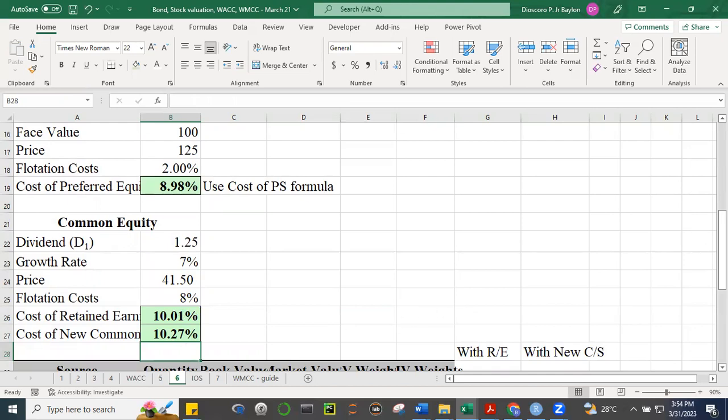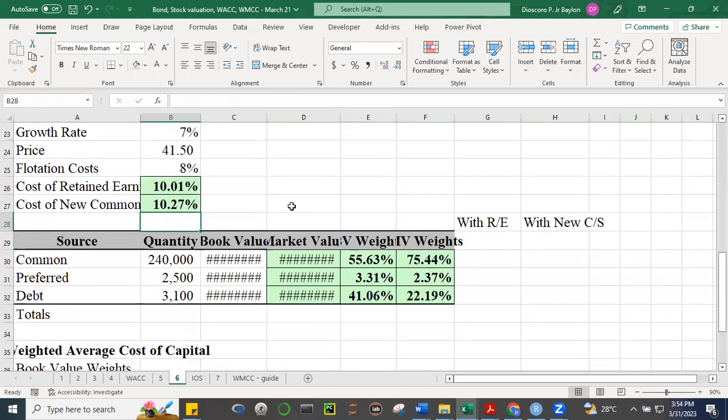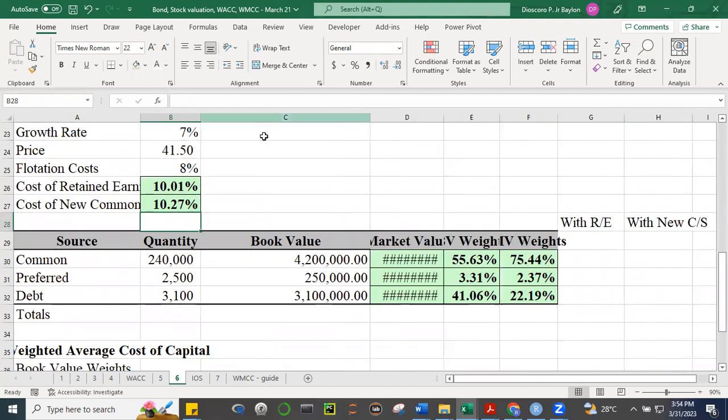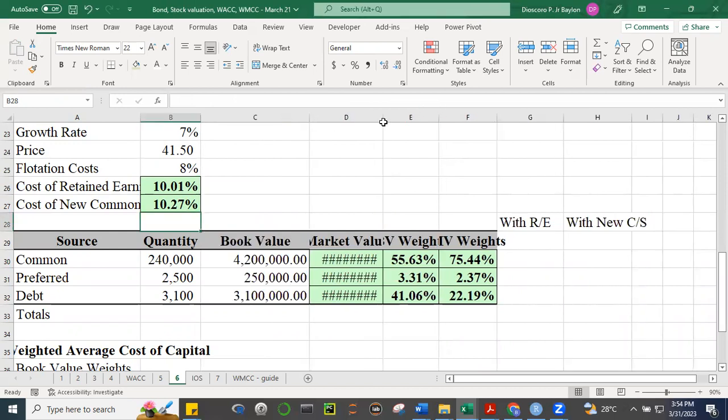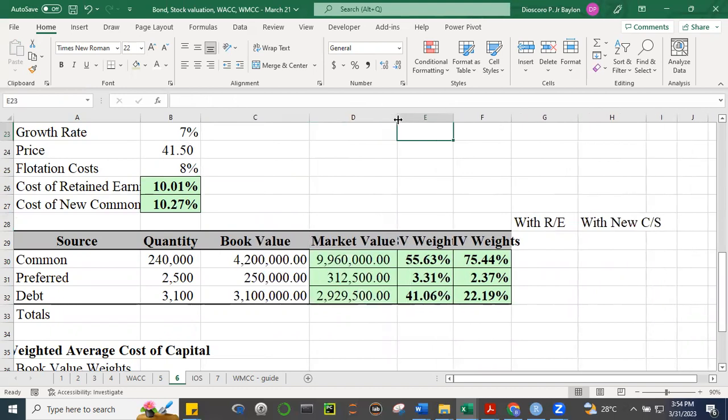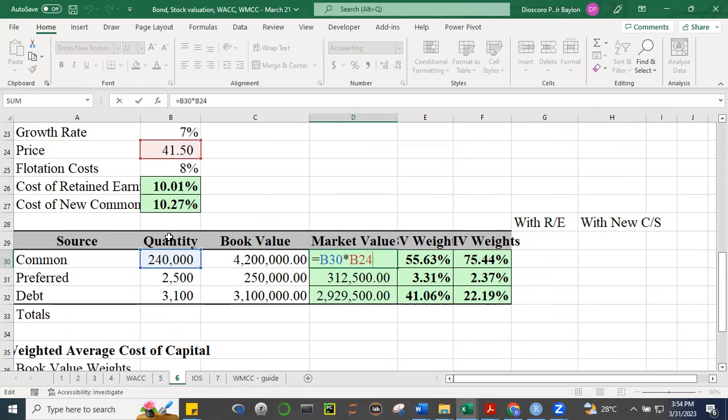Okay, that's why the cost of new equity will be more expensive, 10.27% vis-a-vis 10.01%. Okay, so we just fill this up, get the weights of the book values and the market values. So the market value is simply the quantity multiplied by the price.